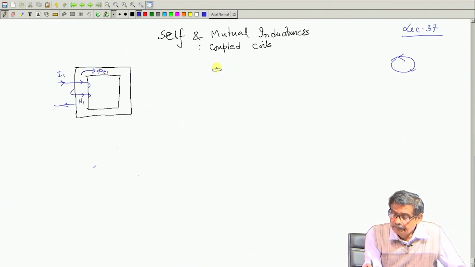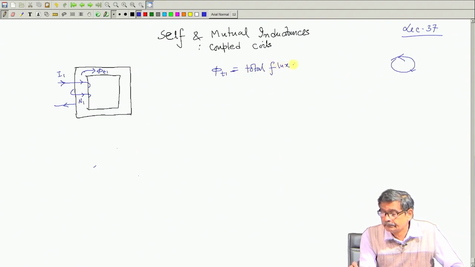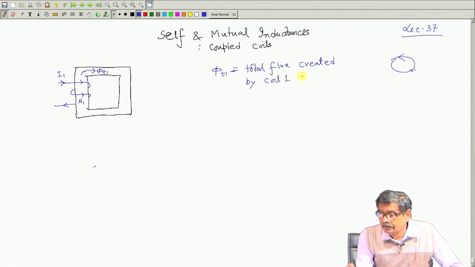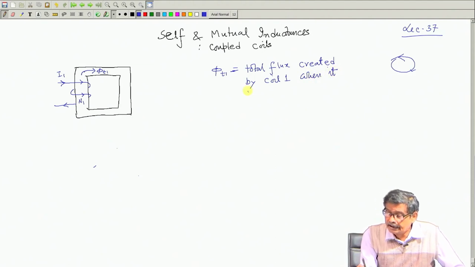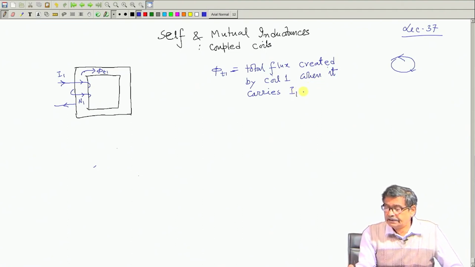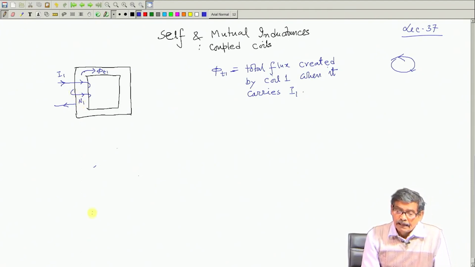So, phi T1 is the total flux created by coil 1 when it carries I1 current, and the number of turns of this coil is N1.